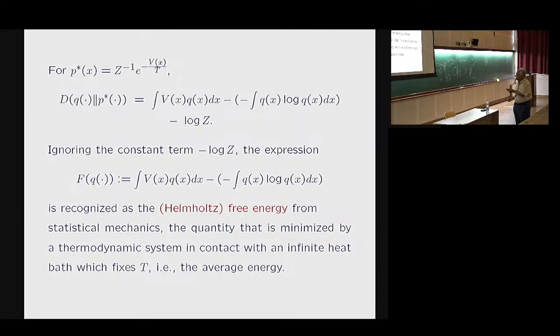But the correct statement is this: it's not an isolated system. It's more like a system in contact with an infinite heat bath because of the randomness. So it will go to the stationary distribution which minimizes average energy minus, I'm missing the T here, there should have been a T, T times the entropy.